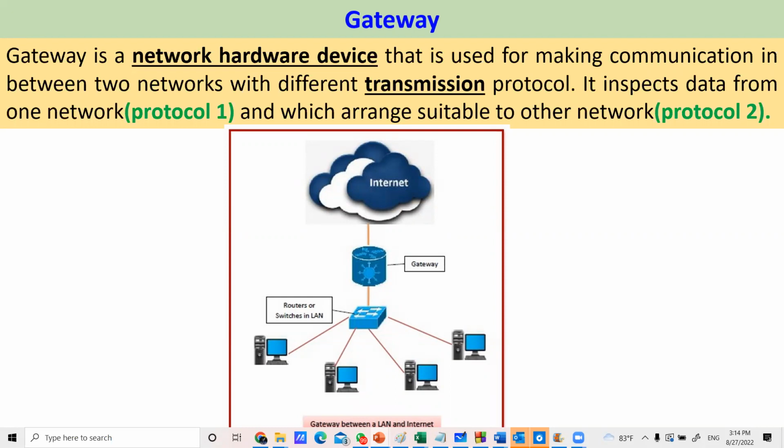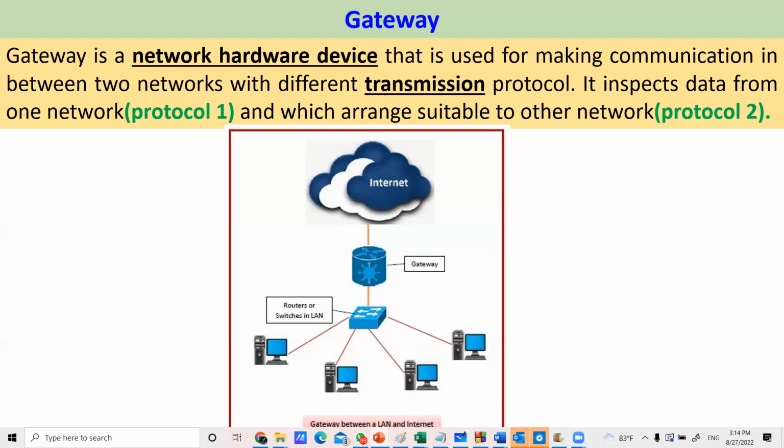If you have two LANs and want to connect them, you can use a bridge. But here there is a small difference with the gateway. Suppose you have two local area networks, one with one type of protocol and the other with another protocol.